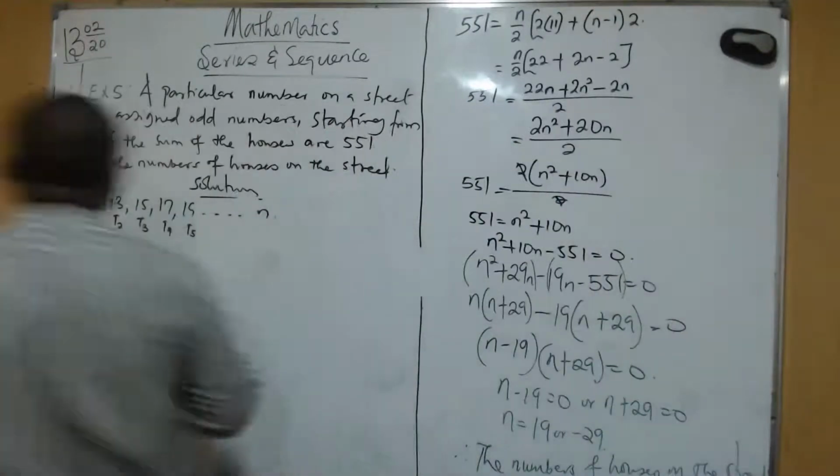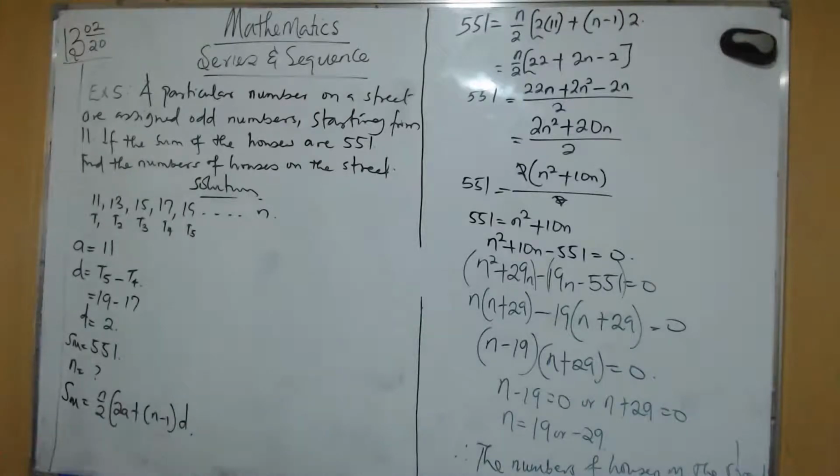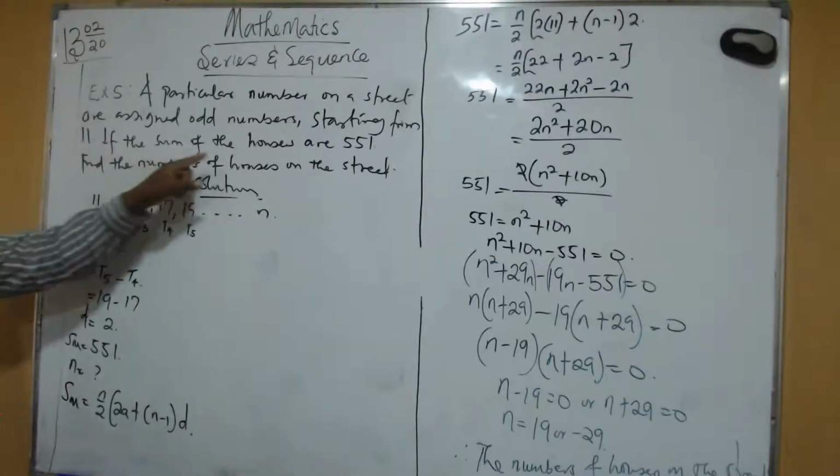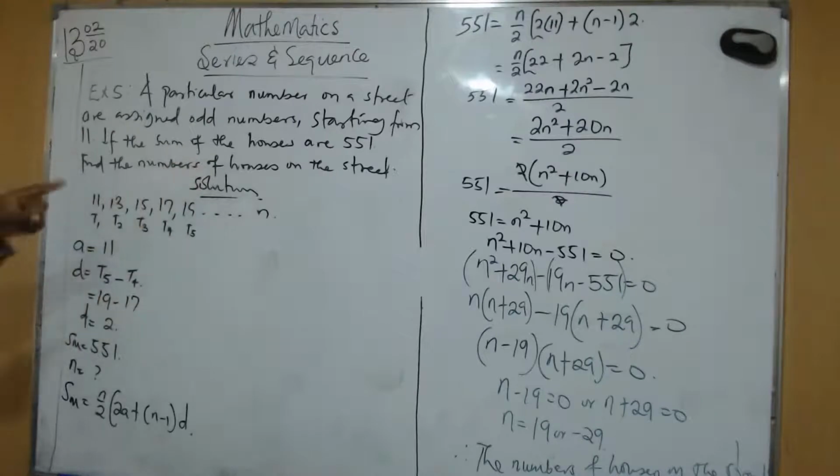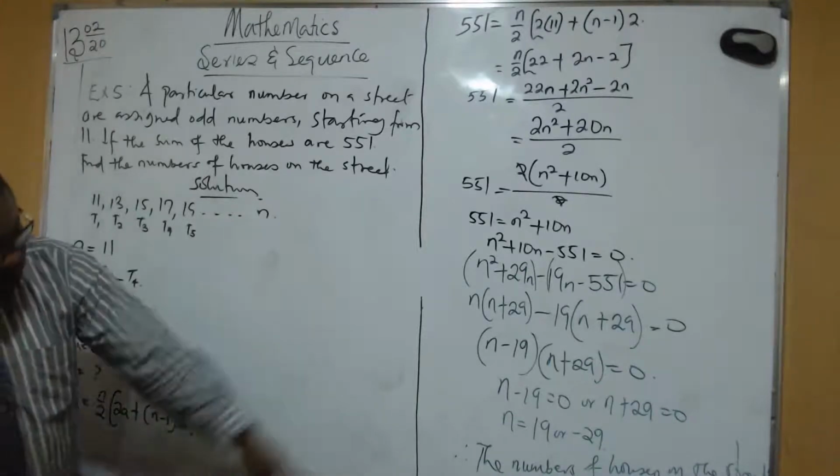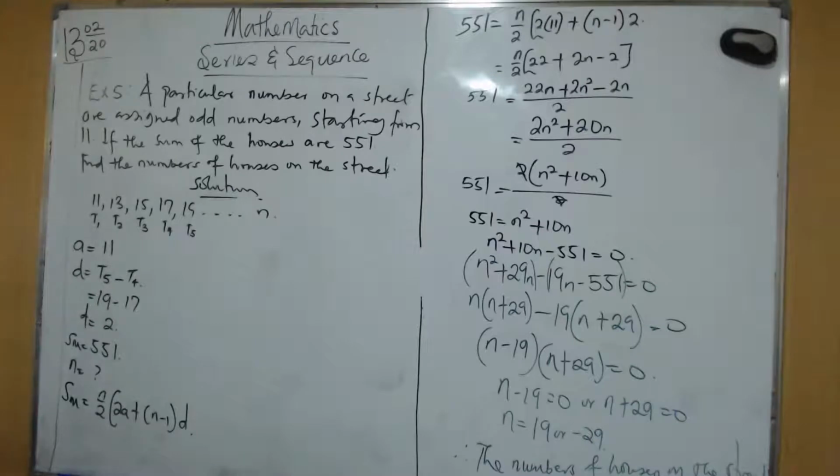How are we sure? If we add those 19 houses on that street, we're going to have 551. The question says the sum of the houses is 551, and the solution says we have 19 houses on that street.